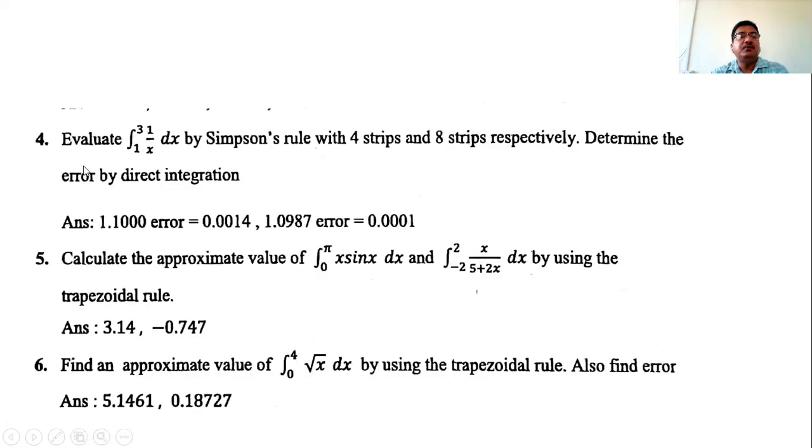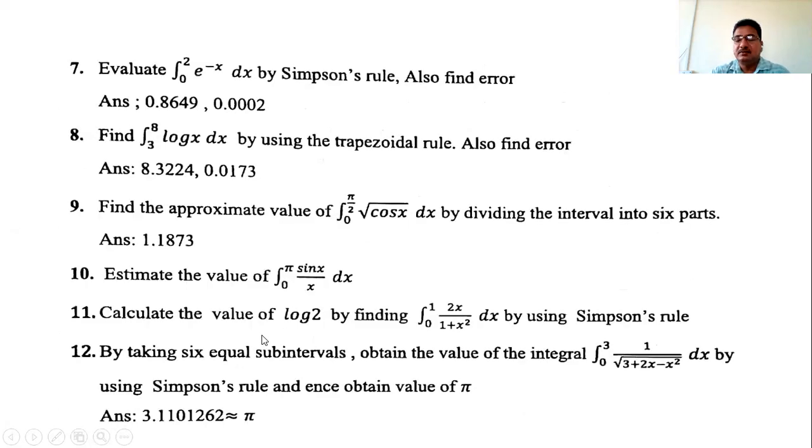Start from number 4, that is calculate these integrations by using Simpson's rules with 4 steps, 8 steps, and determine the error. All the answers are given below the problems. So find the answers of all these problems and communicate the solutions to me through the WhatsApp group.